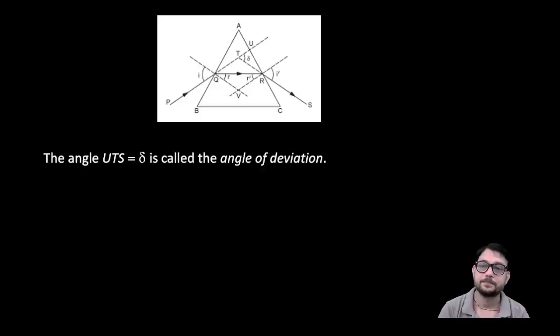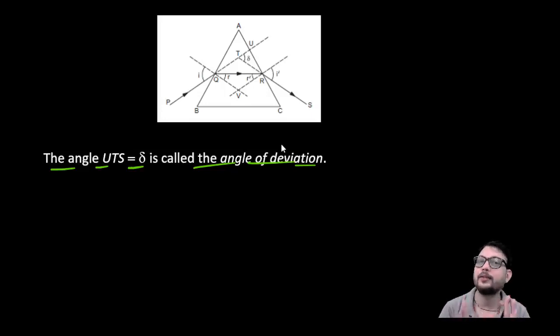Now the angle UTS is the angle of deviation. Up to here we have come to know that there are two refracting surfaces. Now the logic is why there are two refracting surfaces.